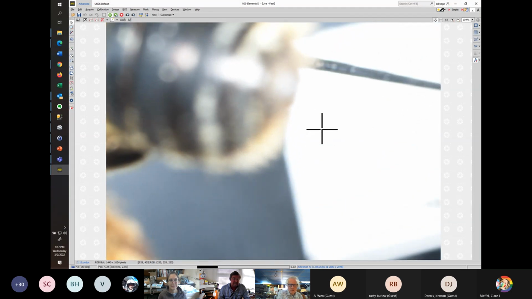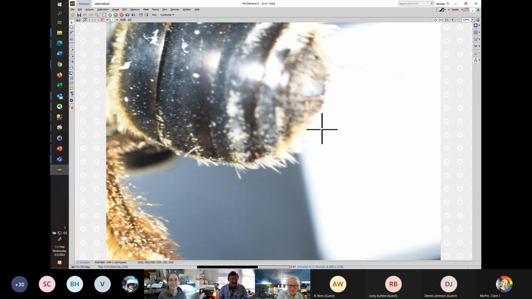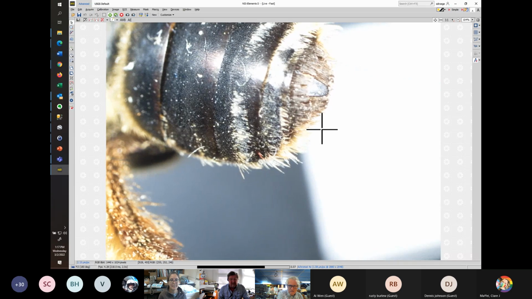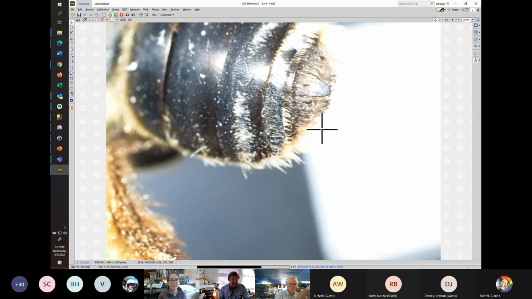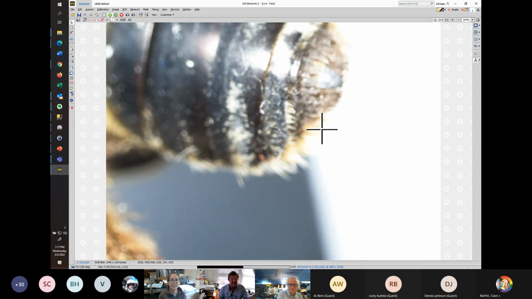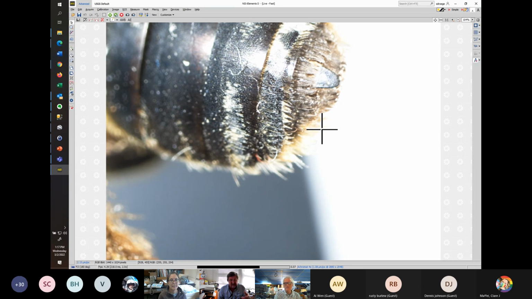Well, they're obviously used in moving dirt around, and sometimes they're covered with dirt or in part, so you have to scrape it off. But that's seemingly the primary use. When you watch them digging the nest, that's the back end that's pushing the dirt out, and so that must help in that effort.